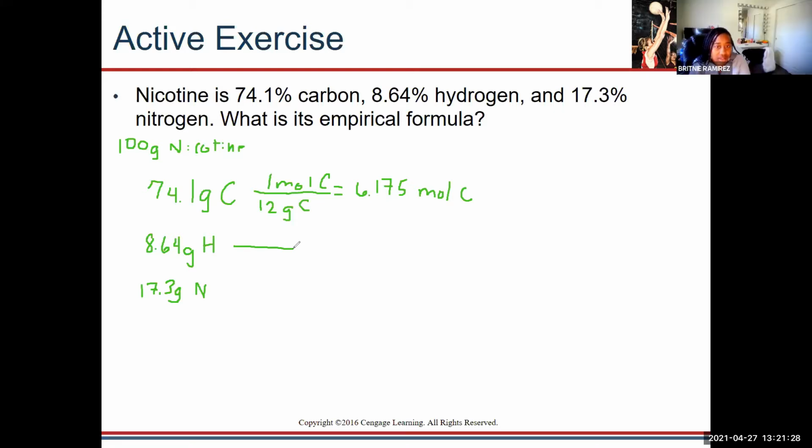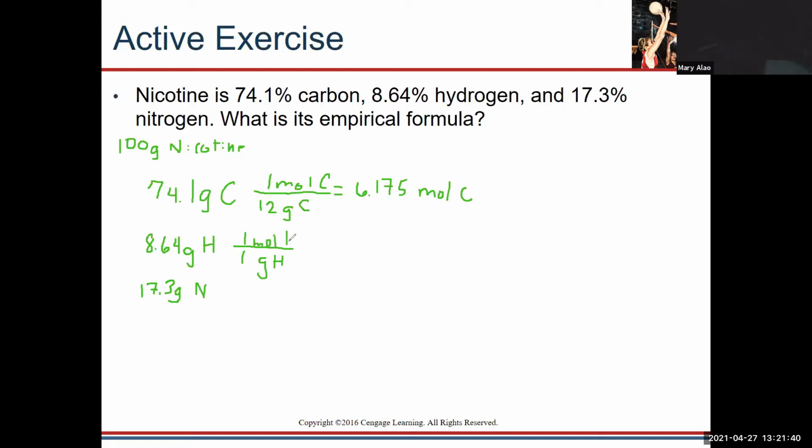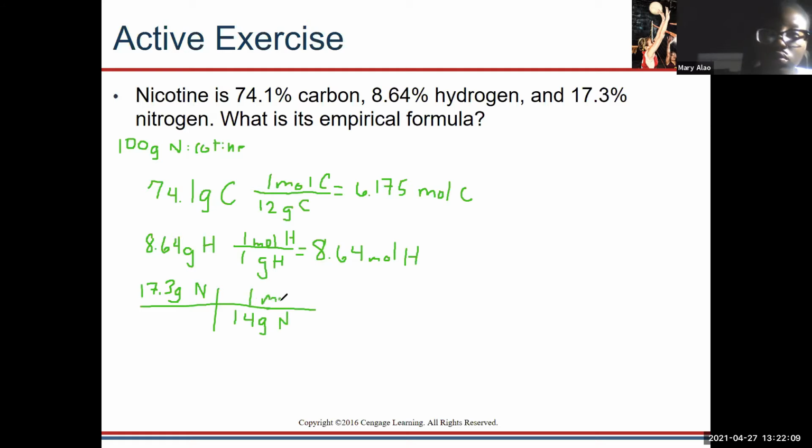It's going to stay the same because it's just one. And nitrogen, 14. So 1.23 moles.